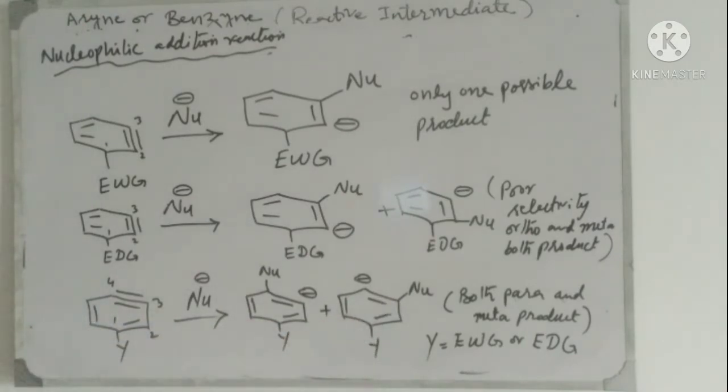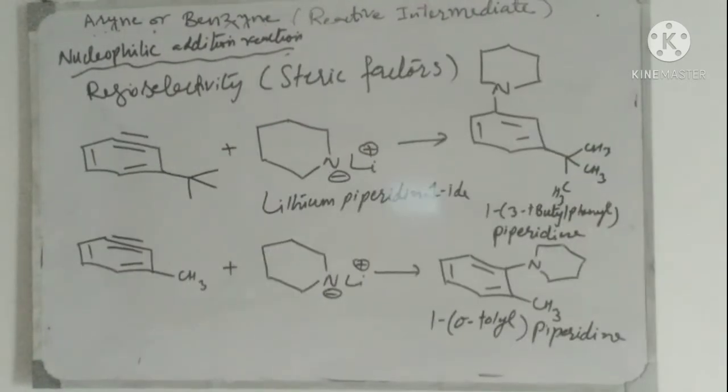Then both meta and para products will be formed. So this effect is less. Therefore the effect of this group is less when the triple bond of benzyne is at the 3 or 4 position, so both the para and meta products will be formed. So this is the regioselectivity rule.